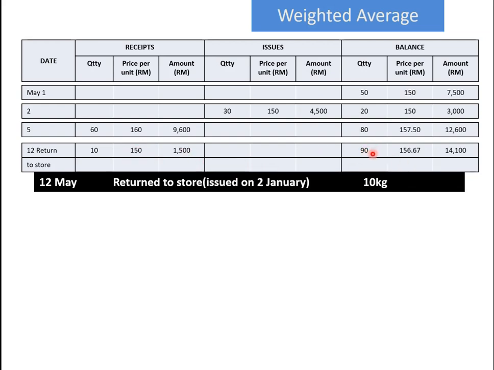And then we need to average the balance, which is 80 plus 10, which is 90, and then 12,600 plus 1,500 divided by 90, then we get 156.67.